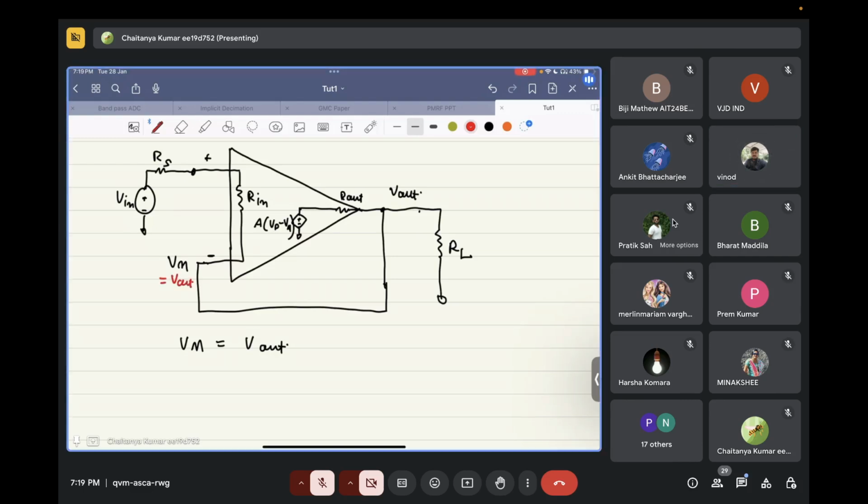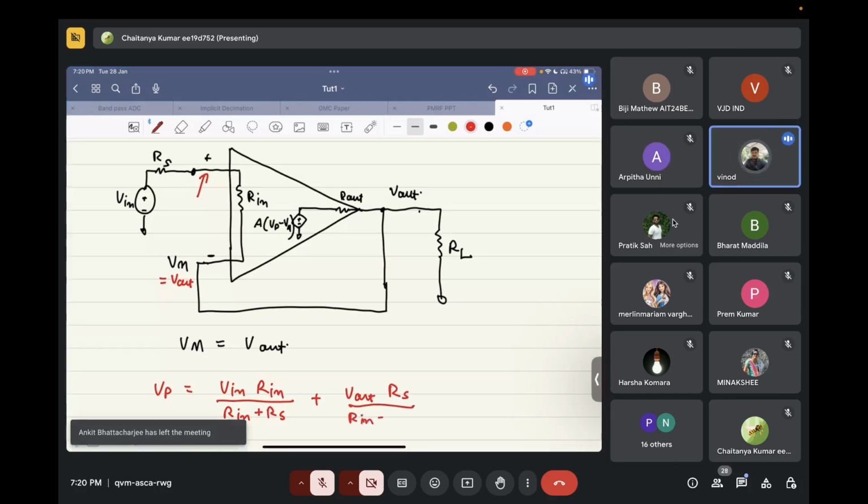So now what will be this voltage over here? V in times R in divided by R in plus RS, and there will be one more term over here, plus V out times RS divided by R in plus RS.